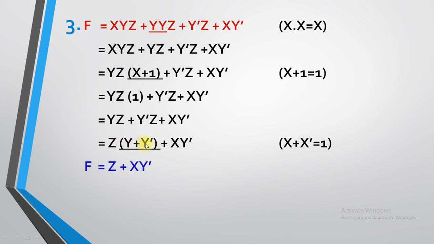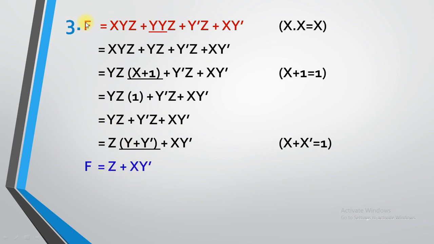So instead of y plus y dash, you can write 1, because x plus x dash equals 1 is a postulate. The final answer is z plus xy dash. There is no further simplification possible over here.